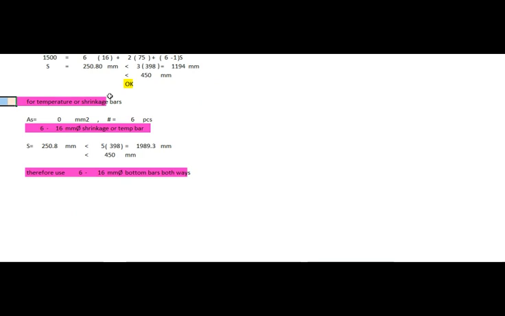For temperature or shrinkage bars, same as the number of main reinforcement above, so 6 numbers of 16 mm shrinkage or temperature bars with spacing of 250.8 mm. Therefore, use 6 numbers of 16 mm bottom bars both ways.